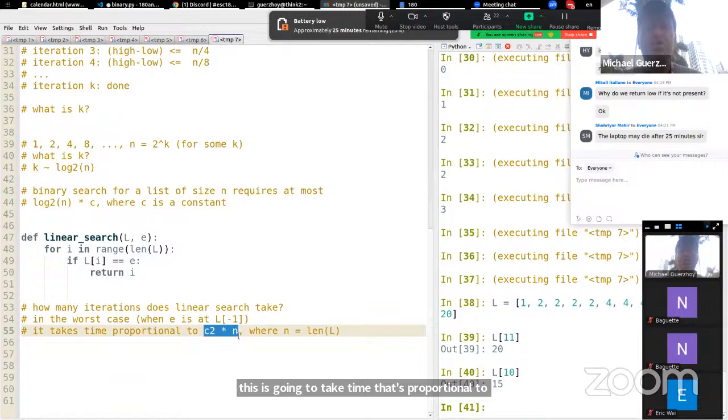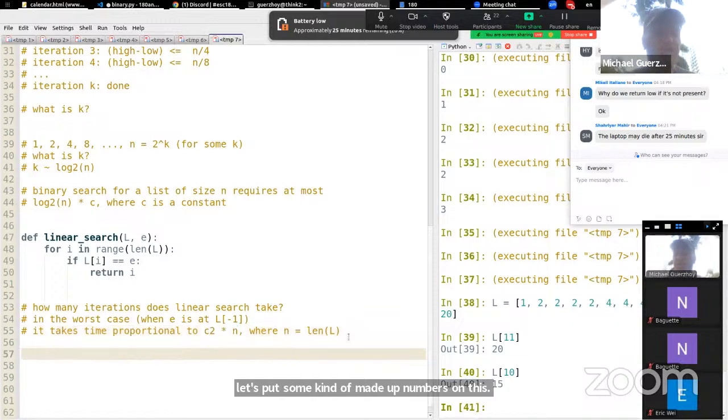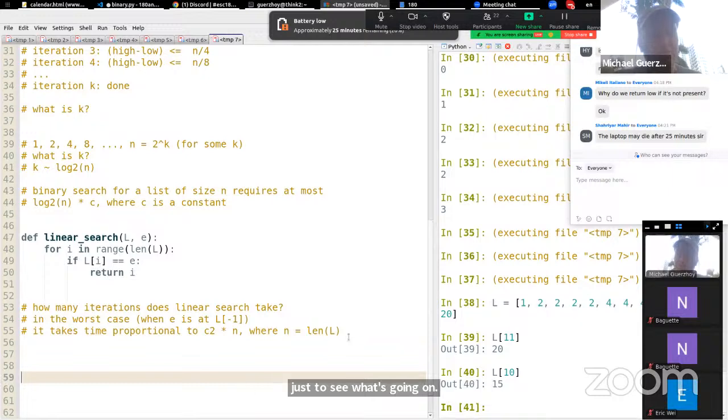Okay, so let's put some kind of made up numbers on this just to see what's going on. Imagine that C2 is much smaller.